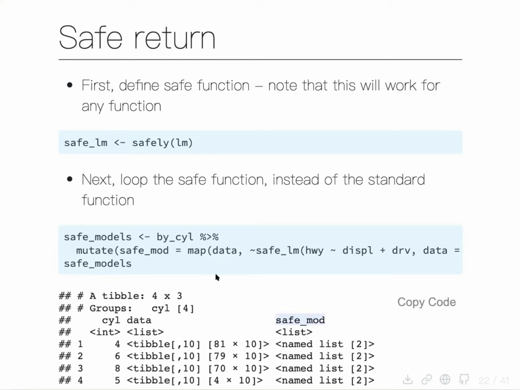Notice this safe mod object that I'm creating here. Each time it returns, it's a list of length 2. As I mentioned before, one element of that list is the result, if it's there, and the other element is the error, if it's there. So one of those two will always be null, and the other one will have the error or the result.